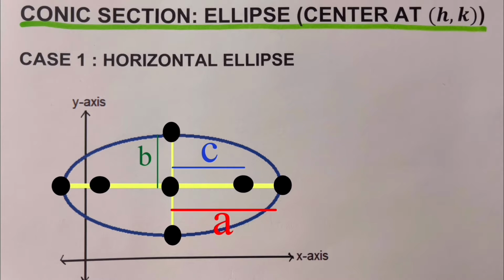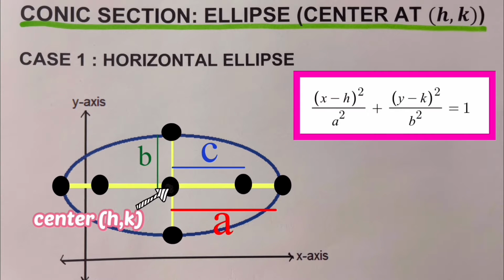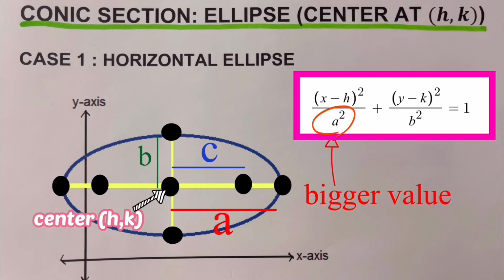represented as letter c. We also remember that the formula for a horizontal ellipse is (x − h)² over a² plus (y − k)² over b² equals 1. Now, please notice that the value of a is under the quantity (x − h)².